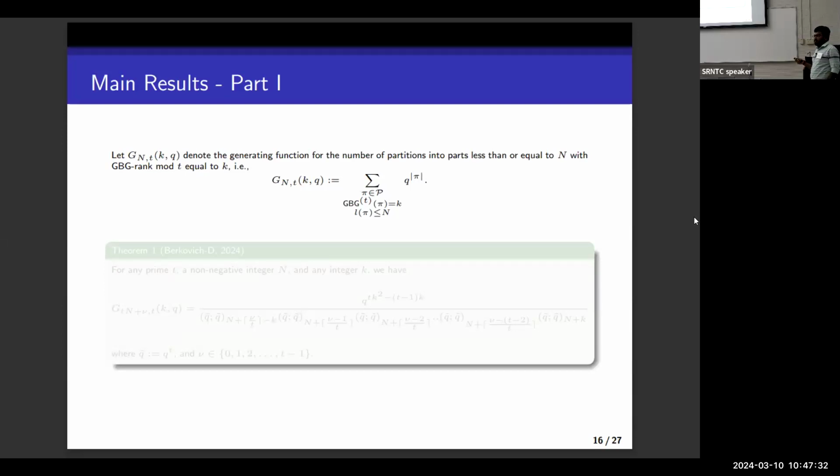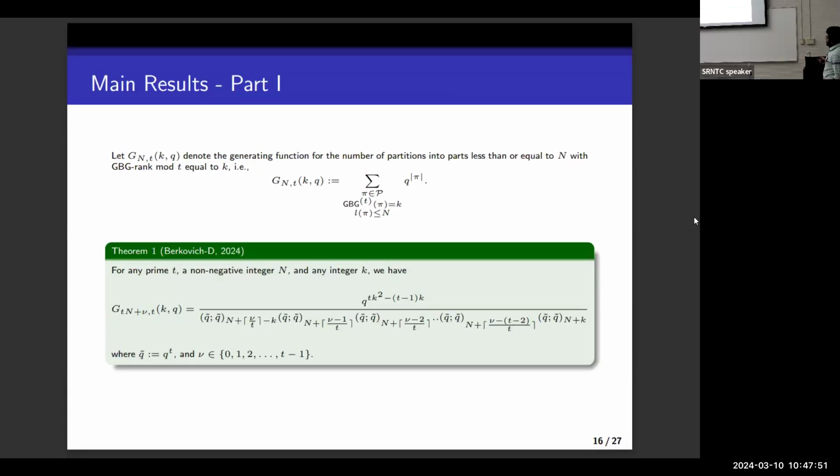Okay, so now the results. We wanted to generalize the two identities of Berkovich and Uncu. So let's consider the generating function for the number of partitions into parts less than or equal to n, having GBG rank mod t equal to k. That's an abstract way of writing it. Then for any prime t, any non-negative integer n and any integer k, we have this generating function here, where the largest part is now at most tn plus nu.